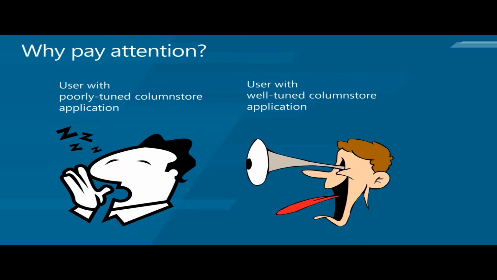It's not unusual. However, if you make sure that you stay in the sweet spot of the column store implementation and tune your application if necessary to take advantage of it, you can get phenomenal, jaw-dropping query performance improvements.